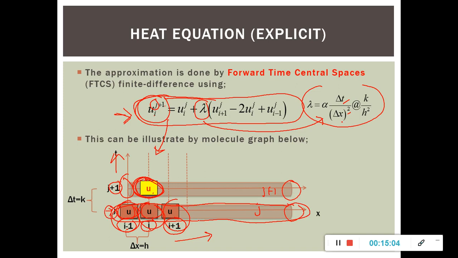Maksudnya, jika kita nak menggunakan kaedah explicit, biasanya kita akan diberi nilai-nilai pada boundary ataupun temperature value pada kedua hujung rod, dan juga temperature value awal ataupun initial temperature value for the rod at t equal to 0. Okay, you akan diberi nilai-nilai tu. So bila you ada all these values, you can calculate the value at u(i, j+1) over here.